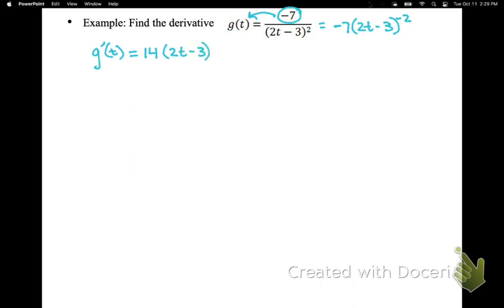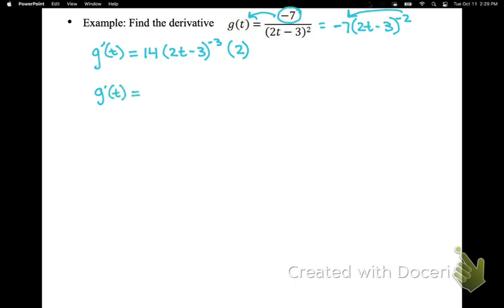What? How'd you multiply it? You just, because I brought this down for the derivative. Oh, okay, so it's 14 times 2t minus 3 to the -3 times 2. So I gotta simplify this one, right?